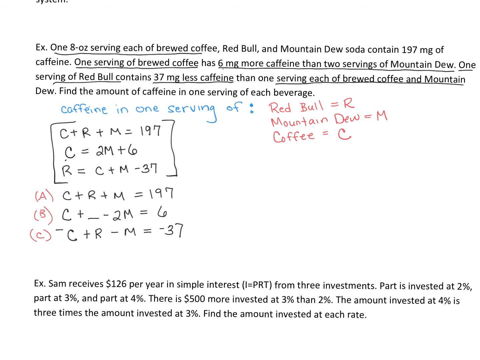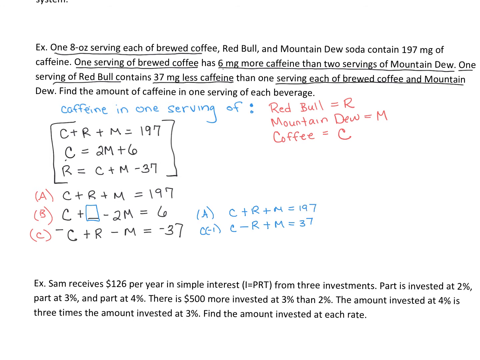Now you might notice that because I don't have an R value in this middle equation, I would like to eliminate the R in the other two. So I'm going to multiply my bottom equation, C, by -1. That's going to give me C minus R plus M equals 37. And then I'll just write down A again, which is C plus R plus M equals 197.